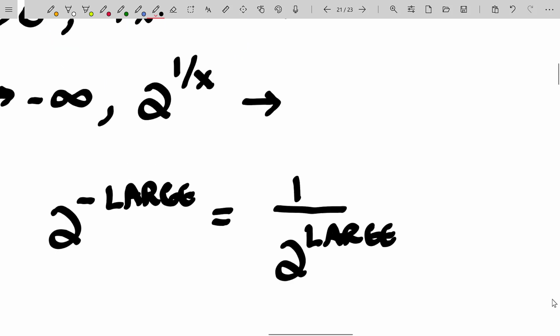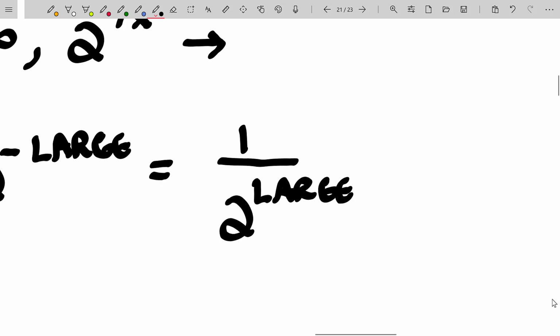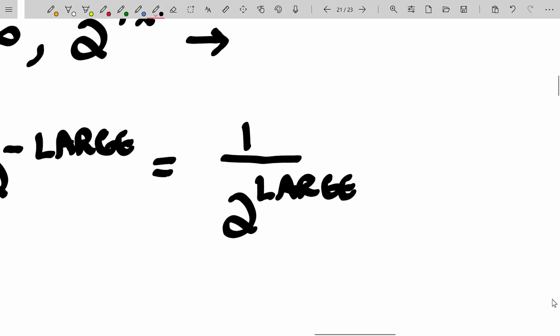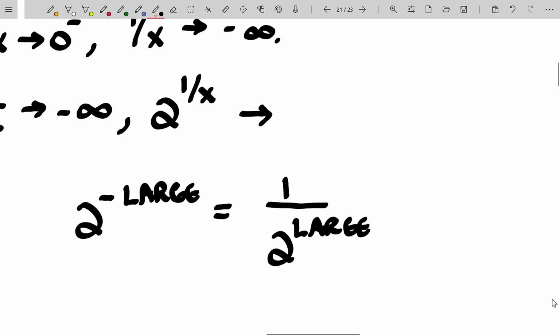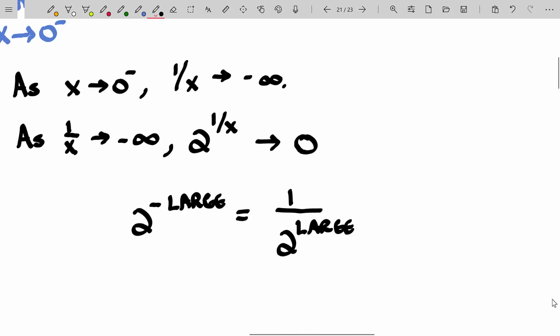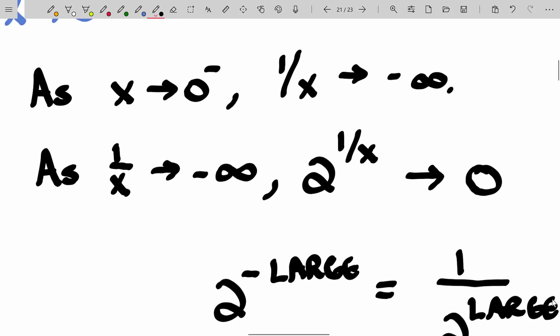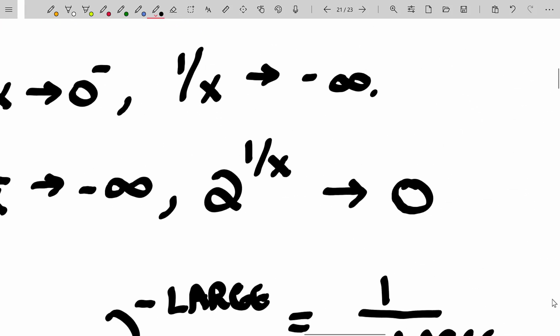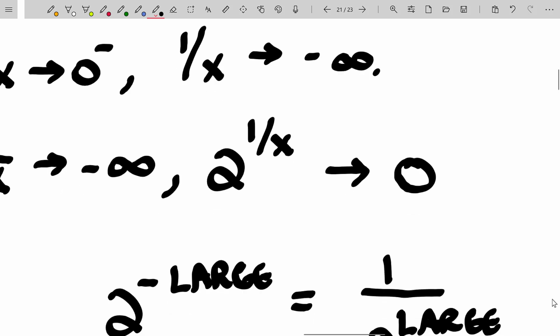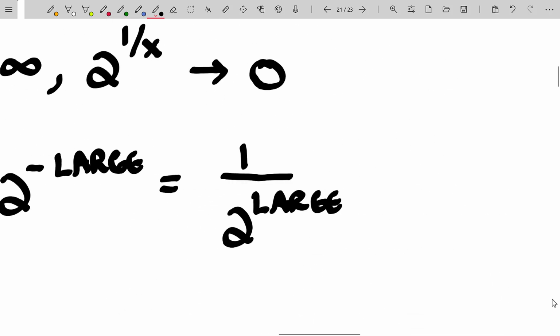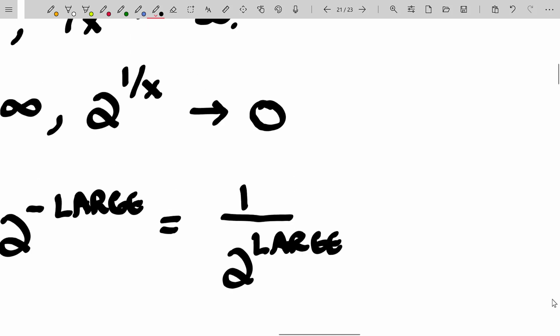And here we have that case where we have a finite value up top, and in the denominator, we have an incredibly massive number. We know that's going to tend to 0. Again, as 1 over x, the exponent, goes to negative infinity, 2 raised to that very negative large power is going to be 1 over 2 to a large power, which is 1 over a massive number, which is basically 0.